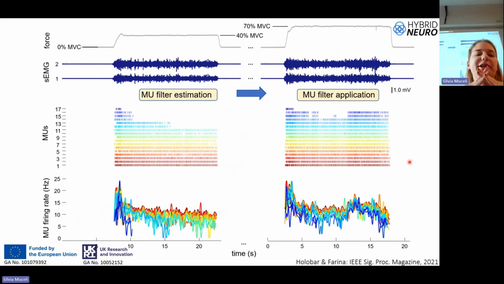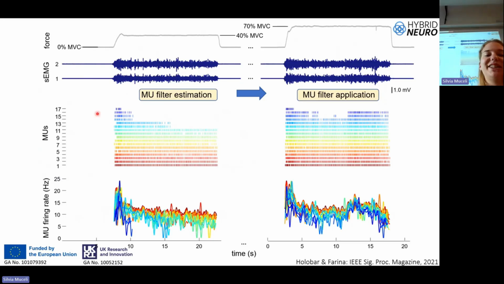So the idea here is to estimate a motor unit filter in one signal and to apply it on another signal. Here we have an example where we estimated a motor unit filter at 40% contraction, and we applied it to the 70% contraction.